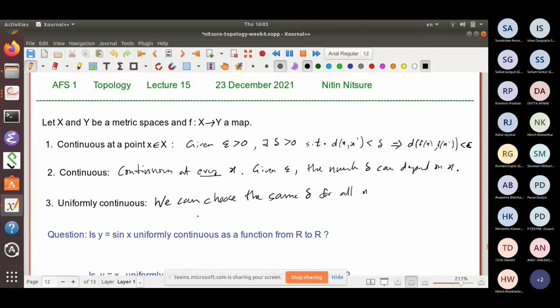In other words, given epsilon greater than 0, there exists delta greater than 0 such that d(x1, x2) less than delta implies d(f(x1), f(x2)) is less than epsilon, for all x1, x2.